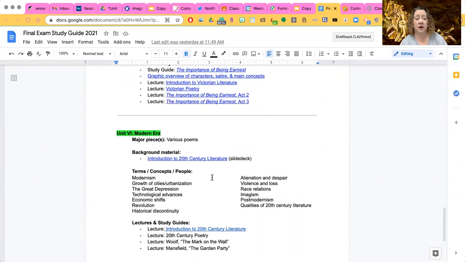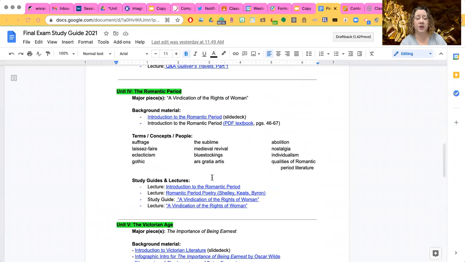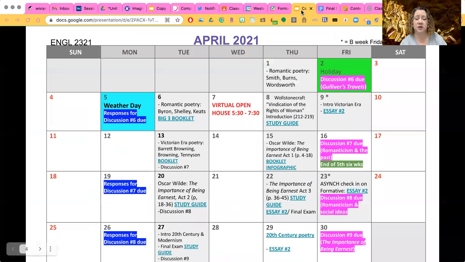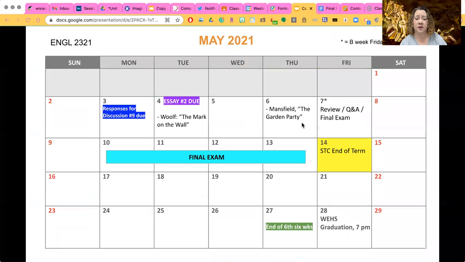So if you start reviewing the terminology and all that stuff next Thursday, we'll be wrapping up our last piece of literature. Friday, if necessary, we can talk about any of the terminology, how you would write about it, how you would connect it on the exam to a piece of literature, and so on.